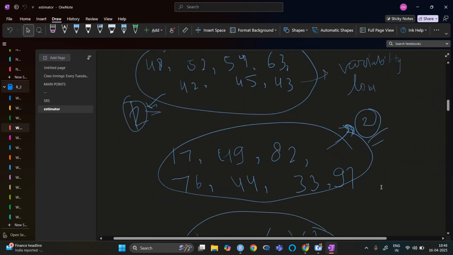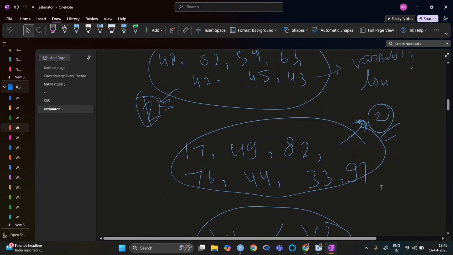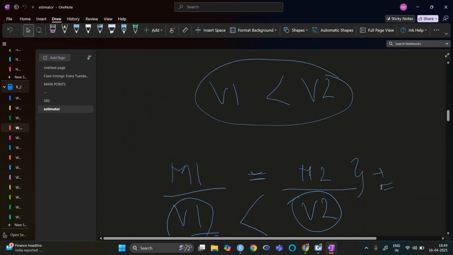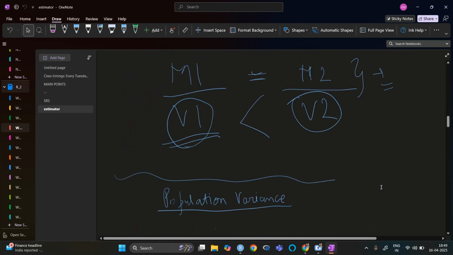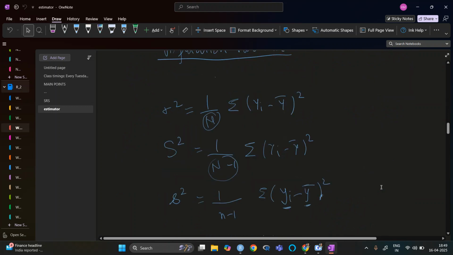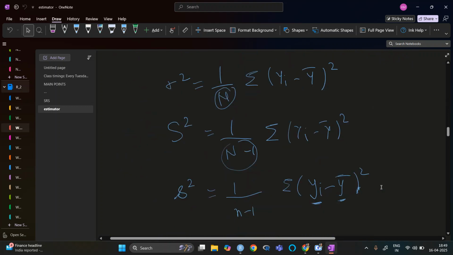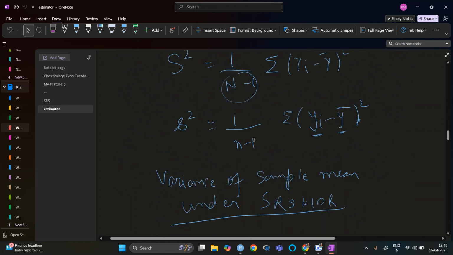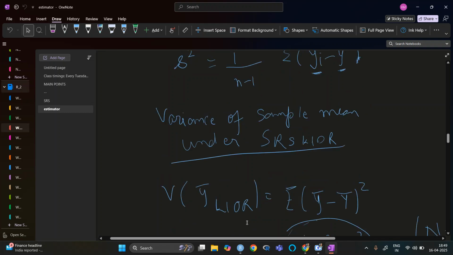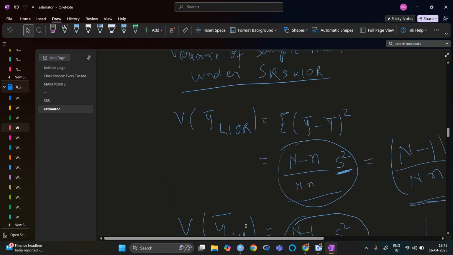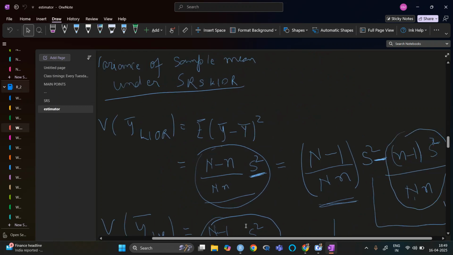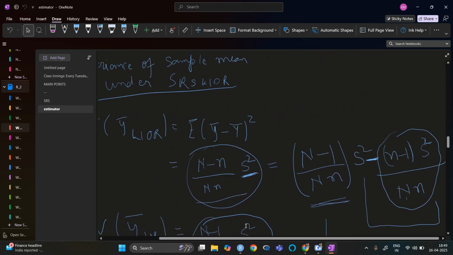Then you need to understand how the variability is between the samples. You need to see that the mean is the same but the variability is different. Now this is the population variance, and this is the sample variance. So the variance of the sample mean under without replacement can be given by this.